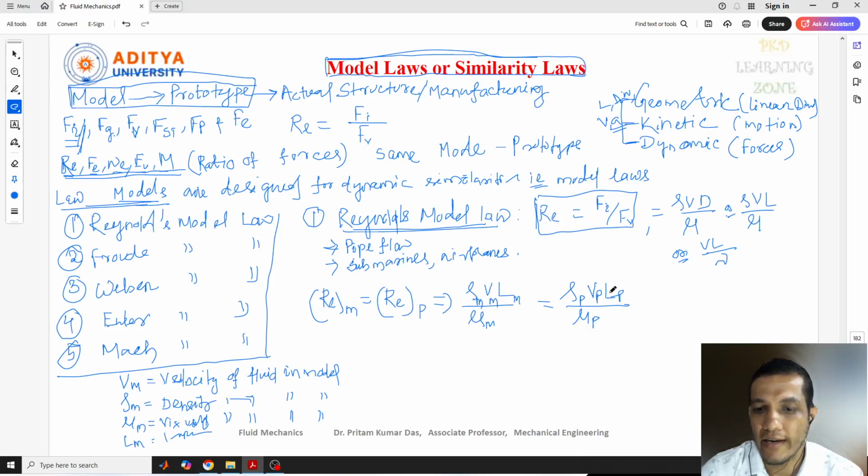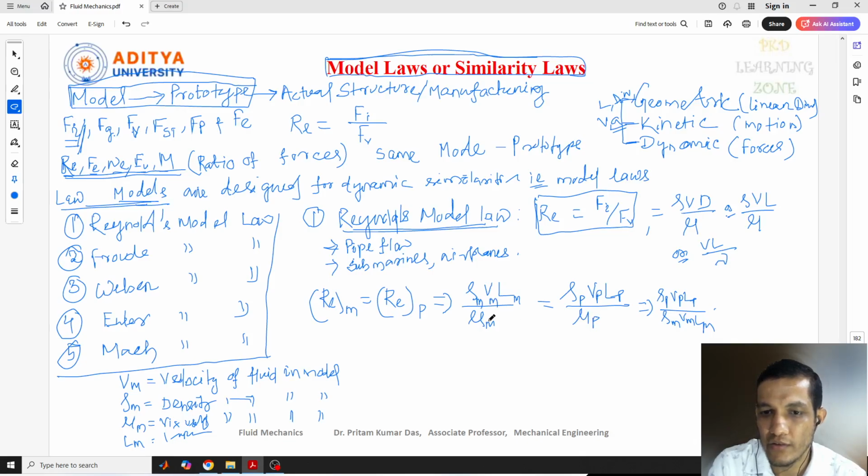So I will consider all these terms on one side: rho p, Vp and Lp divided by rho m, Vm and Lm, into, see, I have taken this term to this side, and mu p was already in the denominator.